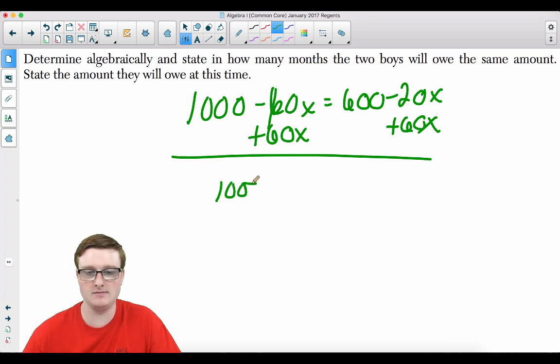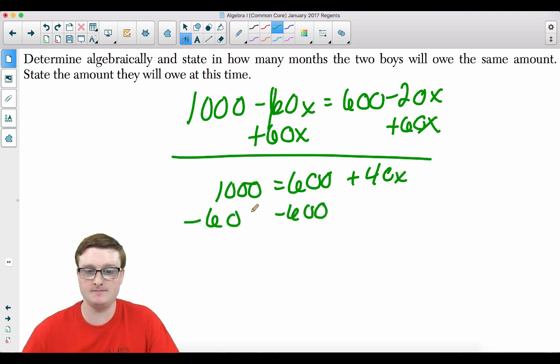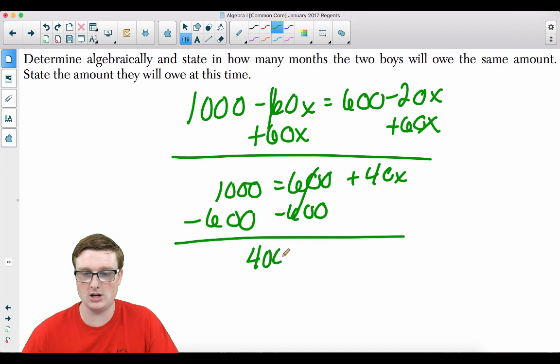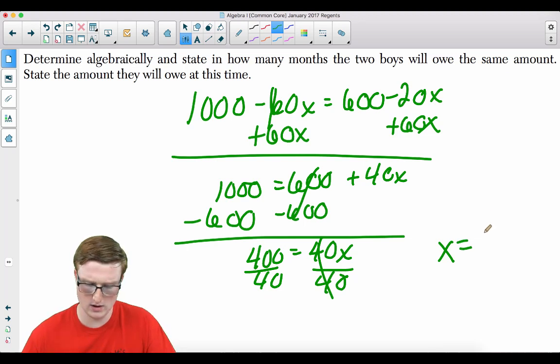So we have 1,000 equals 600 plus 40x. Now we're going to subtract the 600. We get 400 equals 40x. Divide by the 40 on both sides, and you get x is equal to 10.